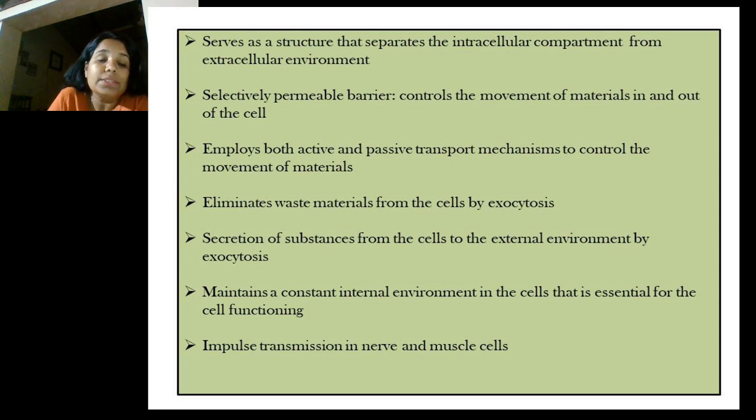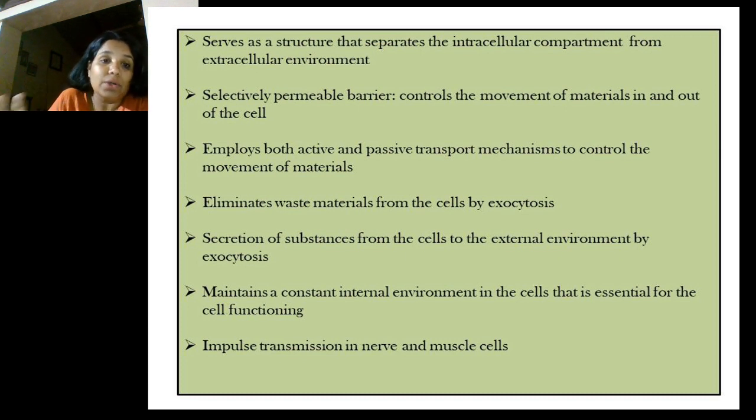So, what do you understand by the term selectively permeable barrier? Selectively permeable barrier means it allows the movement of only selected particles in and out of the cell. That is, it does not allow everything to come into the cell or go out of the cell.